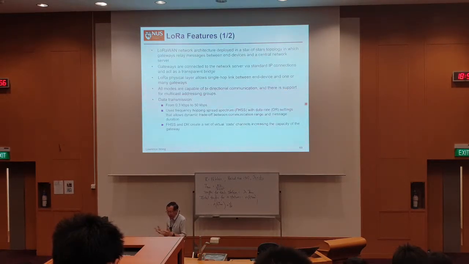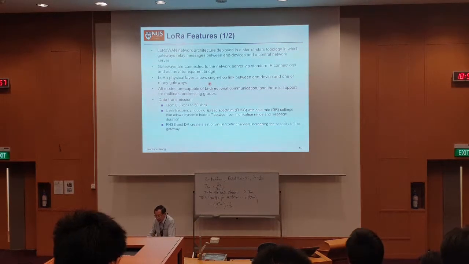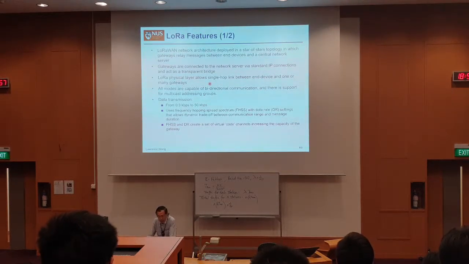So you have gateways that allow the device to talk to the gateway and on to the internet, for example. The physical layer allows signal hop between the end device and one or more gateways.